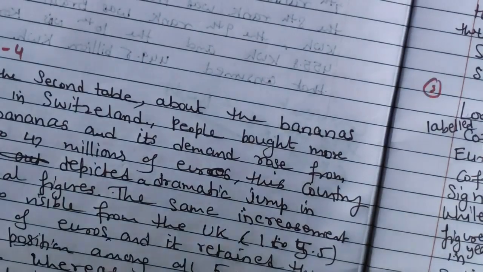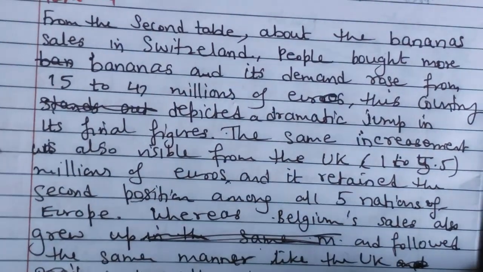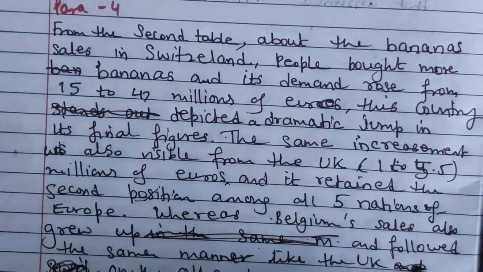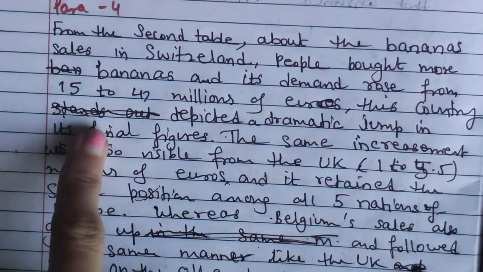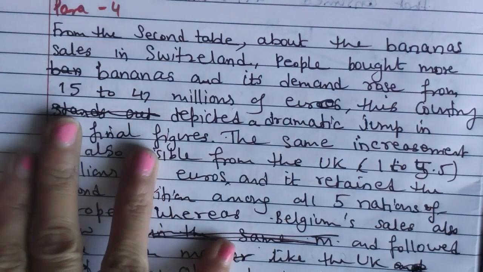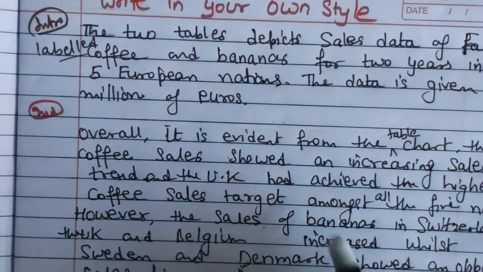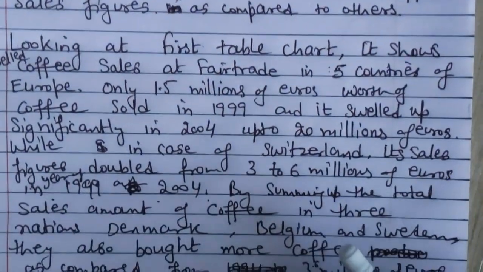So believe me, when you write it initially or any time, you will be doing like that. Sometimes you have to remove your words, remove your sentences. I am writing it with a pen, that's why I can't erase it. So this is my whole essay: introduction, overall, and then part 3.